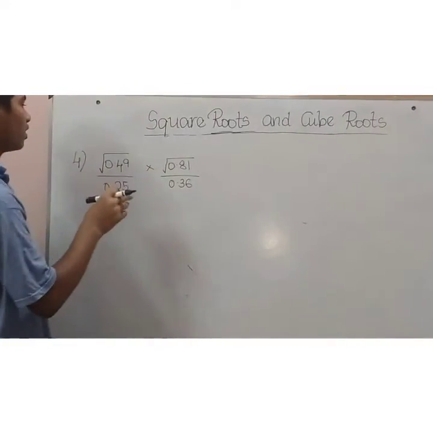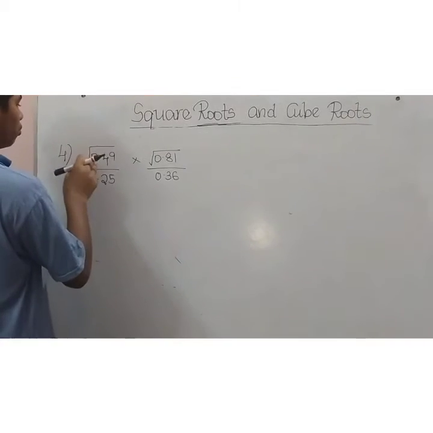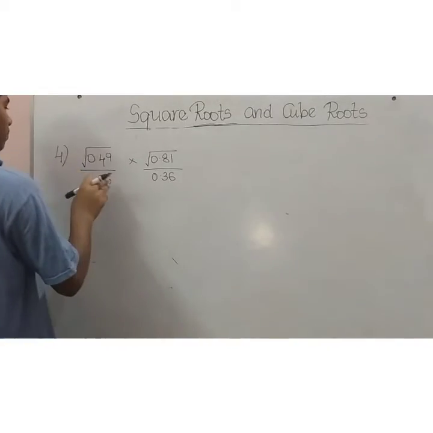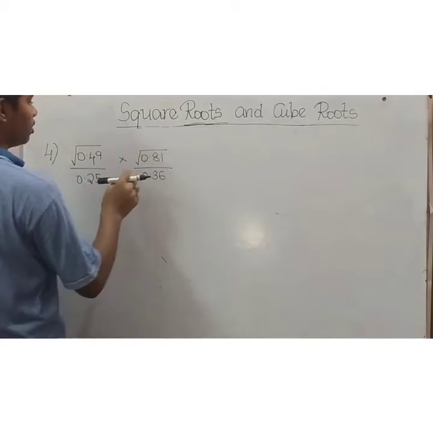Fourth question. I will read the fourth question: root 0.49 divided by 0.25 into root 0.81 divided by 0.36.